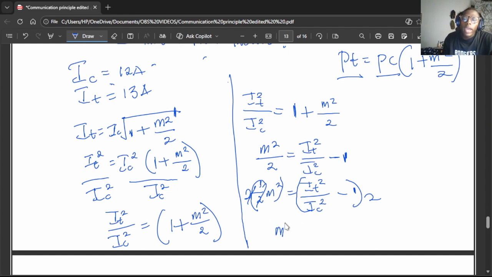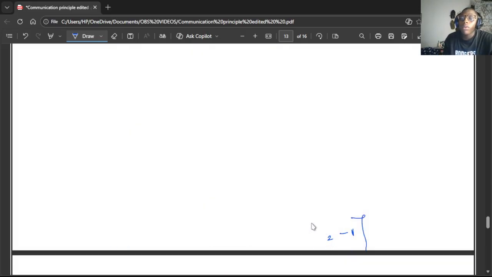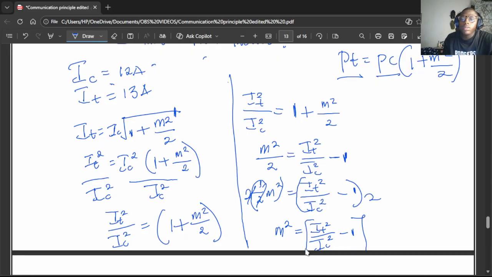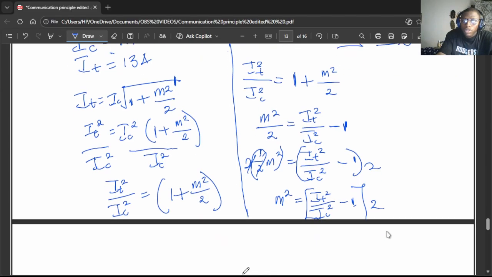your m square equal to I_t square divided by I_c square minus 1, multiplied by 2. So basically, from what we have here, you can solve this equation by inputting the values.